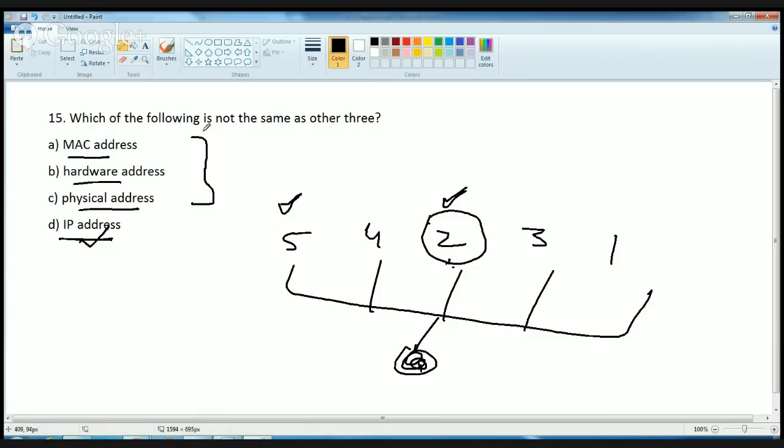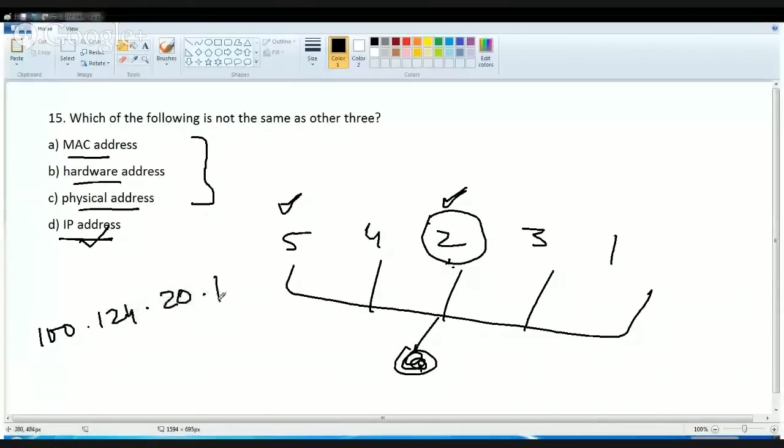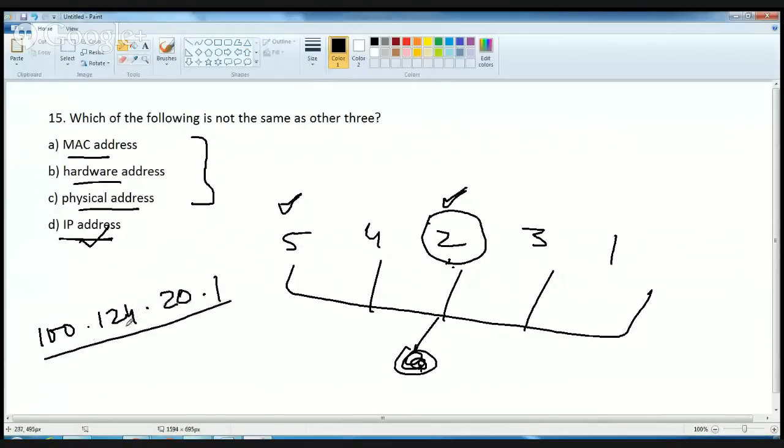So only the IP address is different from the other 3. The IP address is usually written in this form, where you use dots as a common separator. This was again another question which we would be discussing in the further lessons.